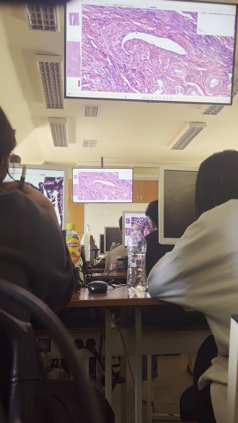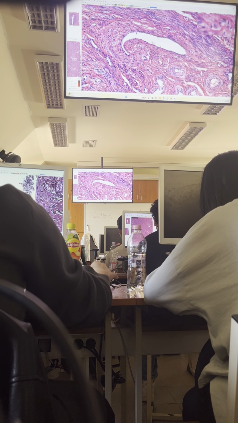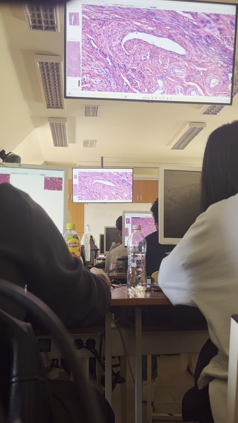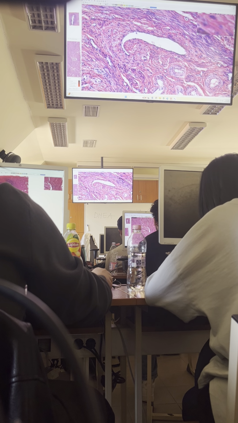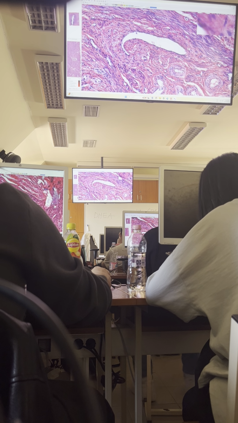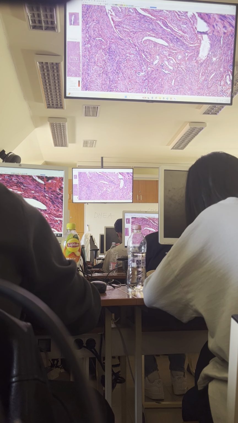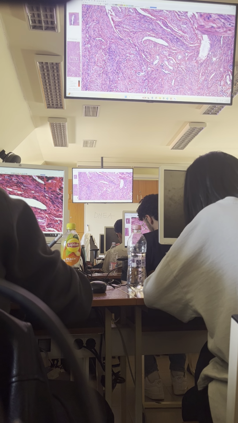So let's take this blood vessel. In the wall there are muscle cells, smooth muscle cells of course, but what is quite unique is that this tunica media of the vessel is very much indistinguishable from the rest of the myometrium.